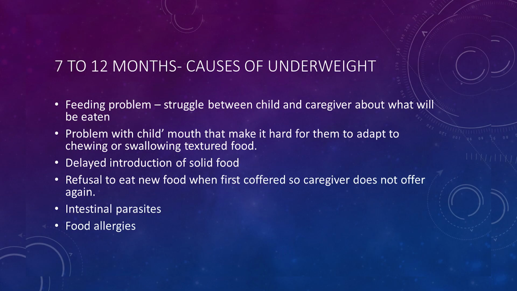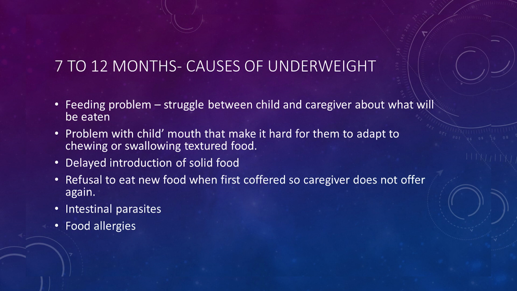Then the causes of underweight in children in the age group of 7 to 12 months. First, the feeding problem. There is a struggle between the child and the caregiver about what will be eaten. Now here the child is a little older, about 7 to 12 months, and has some social understanding and his own choices.